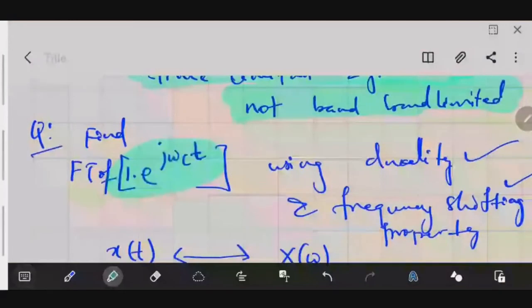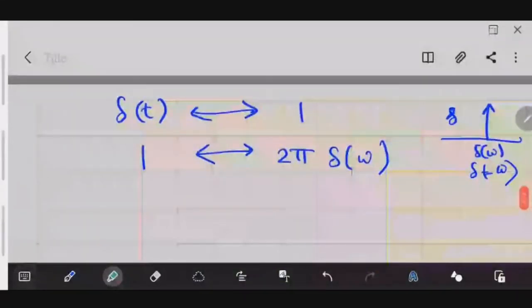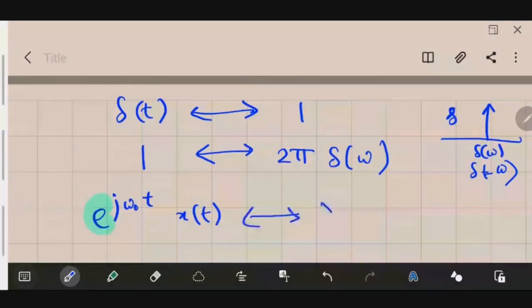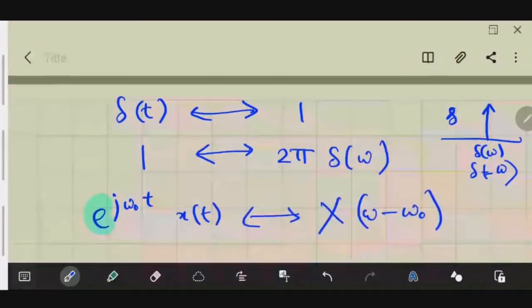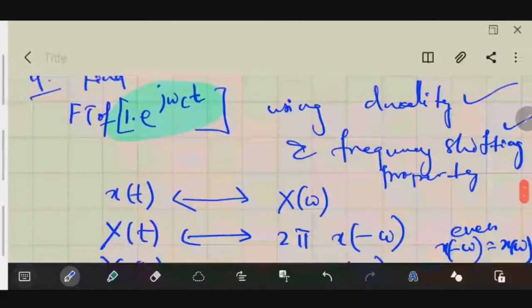1 multiplied with e to the power j omega ct. So now we come to the frequency shifting property. The frequency shifting property says, just a minute, e to the power j omega 0 t into x of t after Fourier transform is capital X of omega minus omega 0. Got it? So here you see you have e to the power j omega ct.